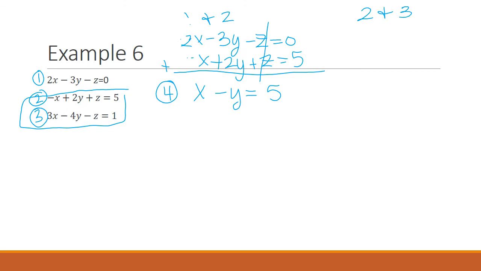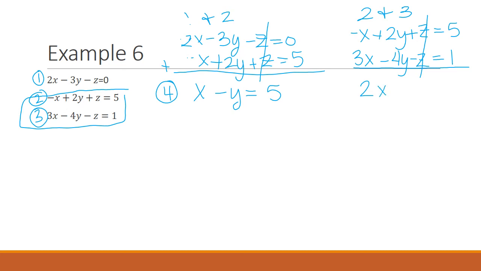So I've got minus x plus 2y plus z equals 5. And I've got 3x minus 4y minus z equals 1. Okay, and if I combine those, my z's cancel out, so that'll give me 2x minus 2y equals 6.